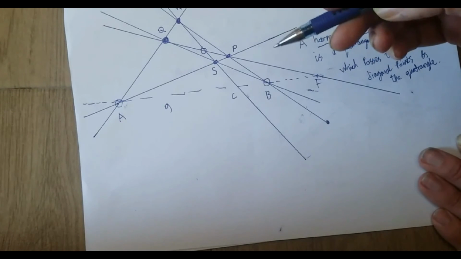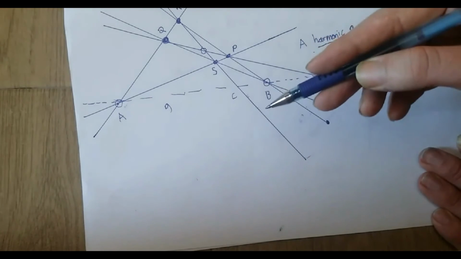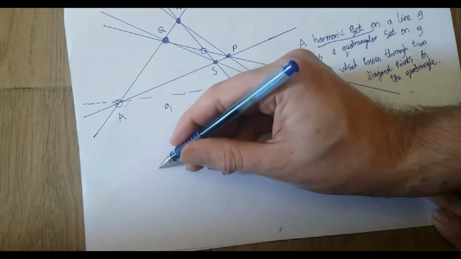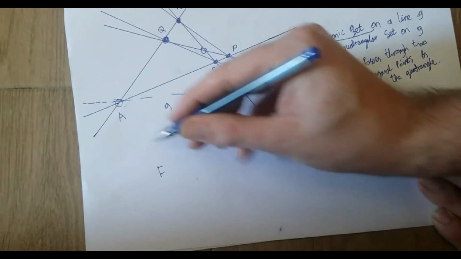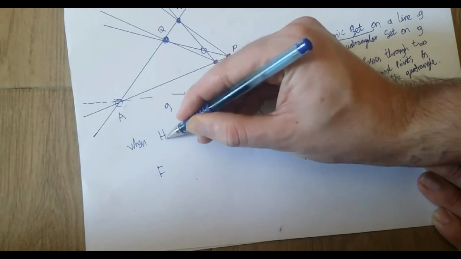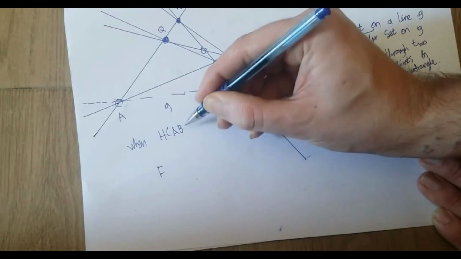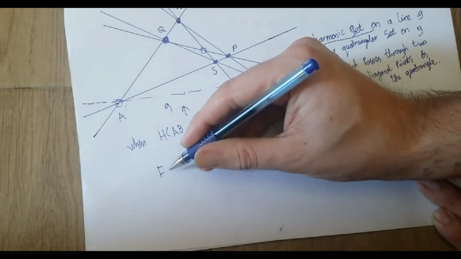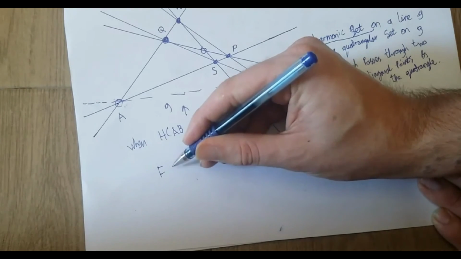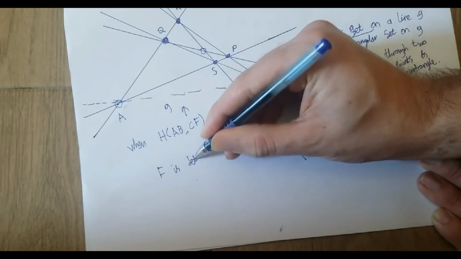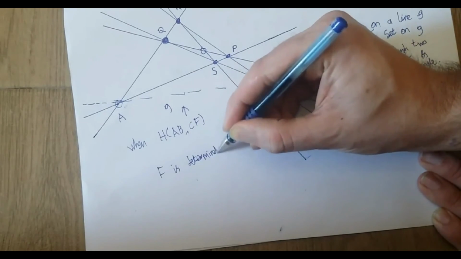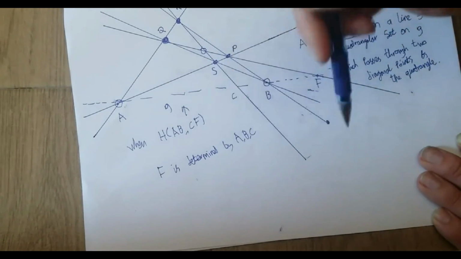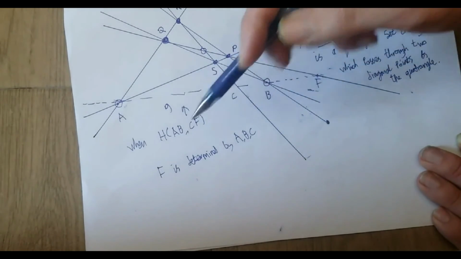One of them is that, when we have this harmonic relationship A, B, C, F, as shown above, F is actually uniquely determined by A, B and C. That just follows from our uniqueness of the last point of the quadrangular set theorem, which we proved before.